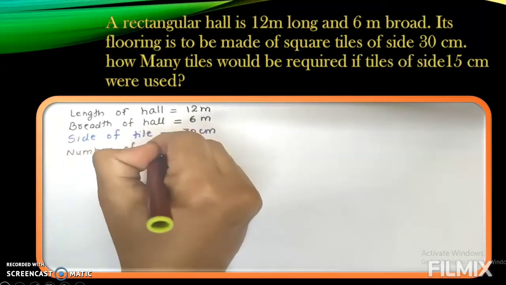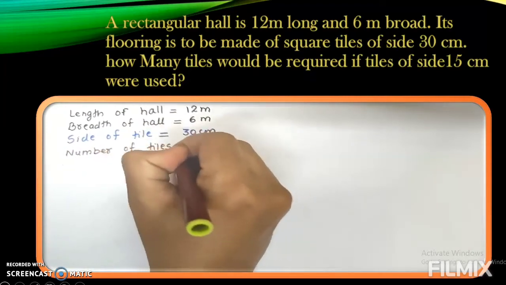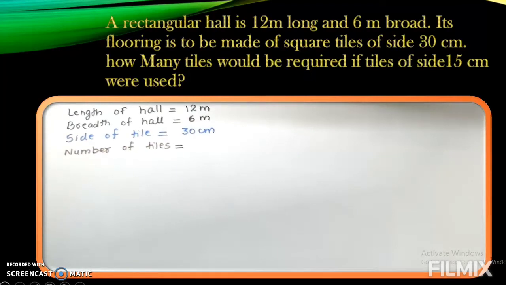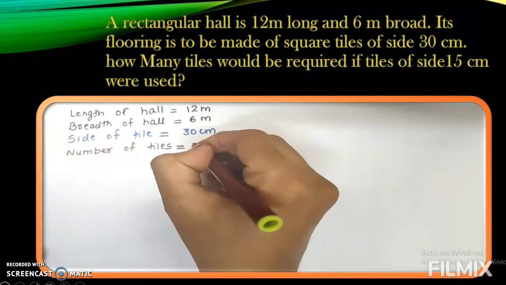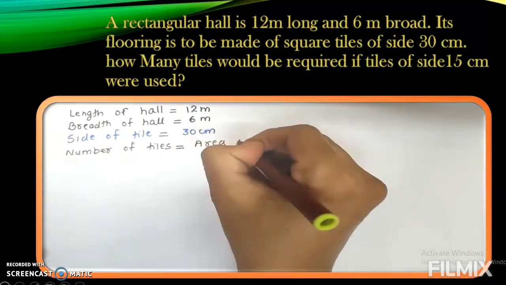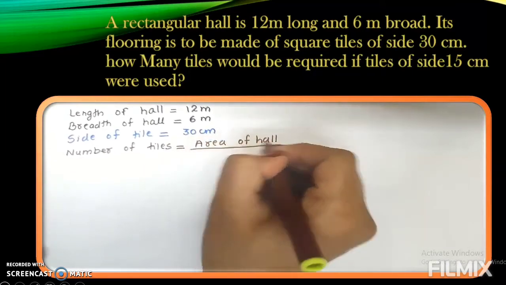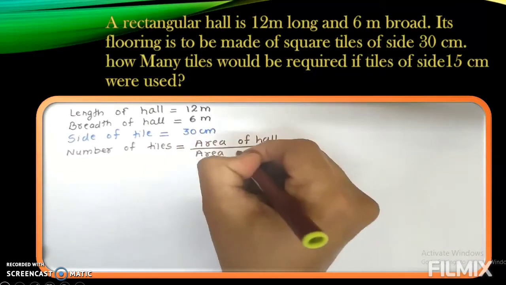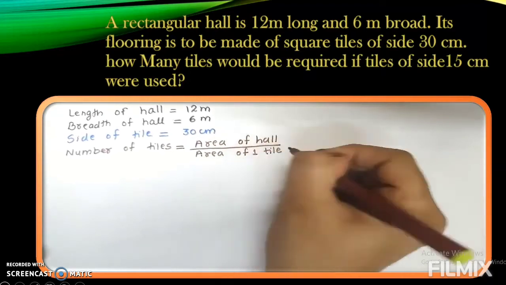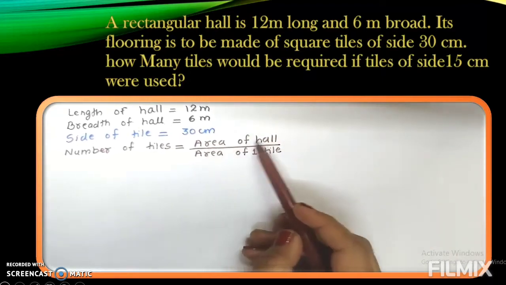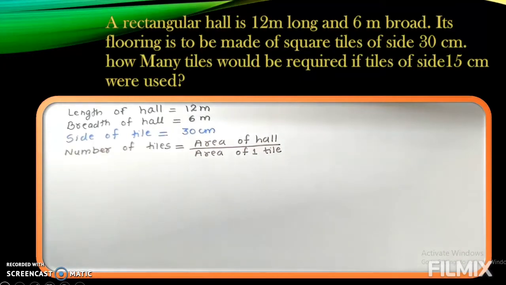Number of tiles is equal to, what I said, that bigger area we will write in numerator and smaller area we will write in denominator. So from hall and one tile, which one is bigger? Hall is bigger. So in numerator we will write area of hall, and in denominator we will write area of one tile.